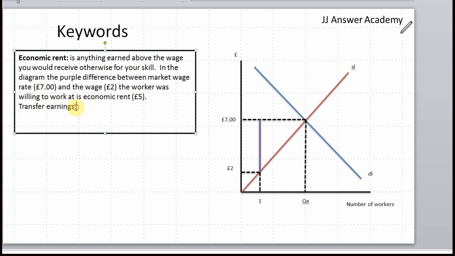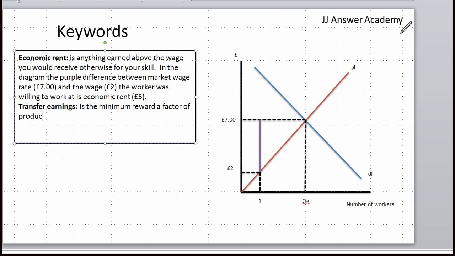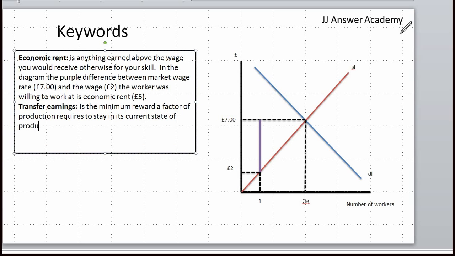Transfer earnings is the minimum amount or reward a factor requires to stay in its current state of production. In our case, we're talking about labor.